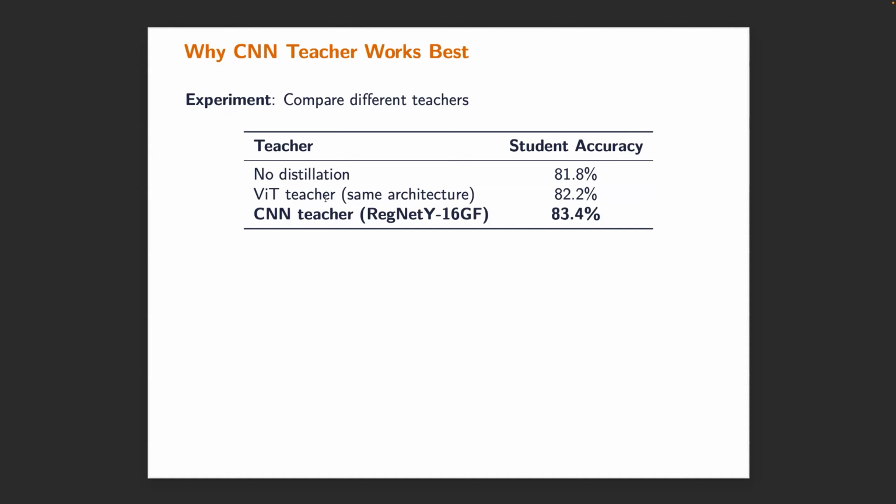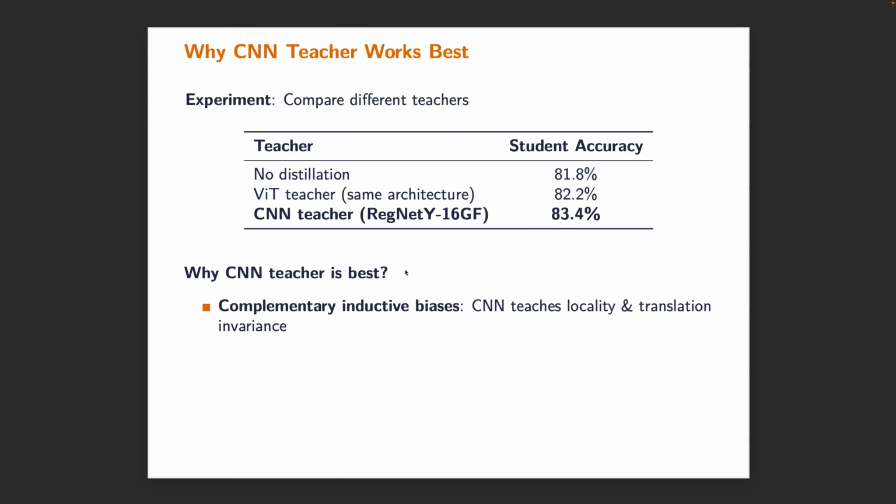more than no distillation. And also they showed that a CNN teacher works better than a ViT teacher. Although the ViT teacher does a better job by itself, it's not a better teacher for our architecture. And the reason is basically that the CNN teacher brings something that is different.